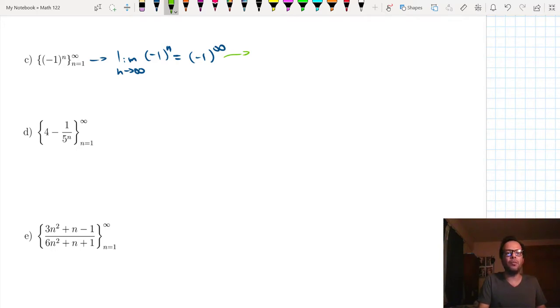If I plug in 1, I'm going to get negative 1. If I plug in 2, I get positive 1, and then negative 1, and then positive 1, and so on and so forth. Do you see what this sequence is doing? It's simply bouncing back and forth between positive 1 and negative 1. I'm going to illustrate this with another example as soon as we're done with it.